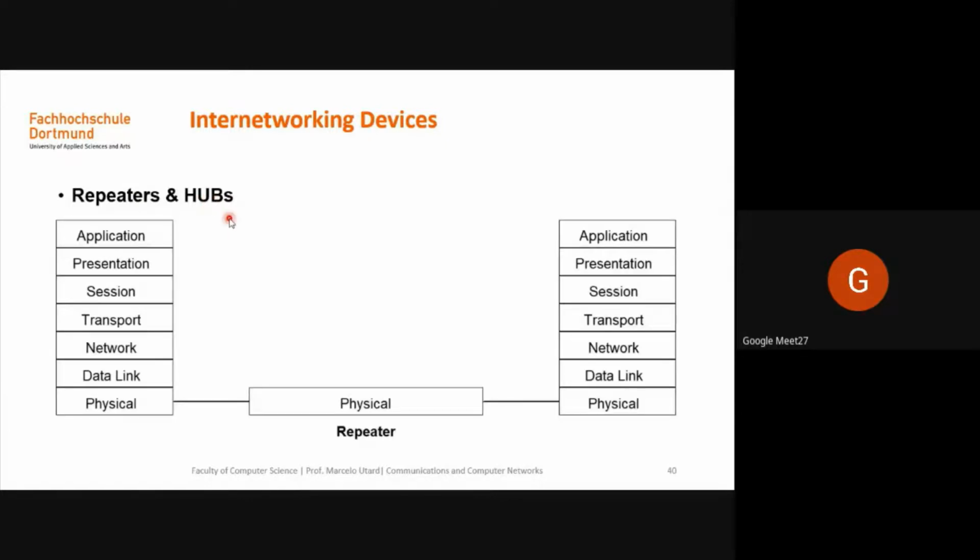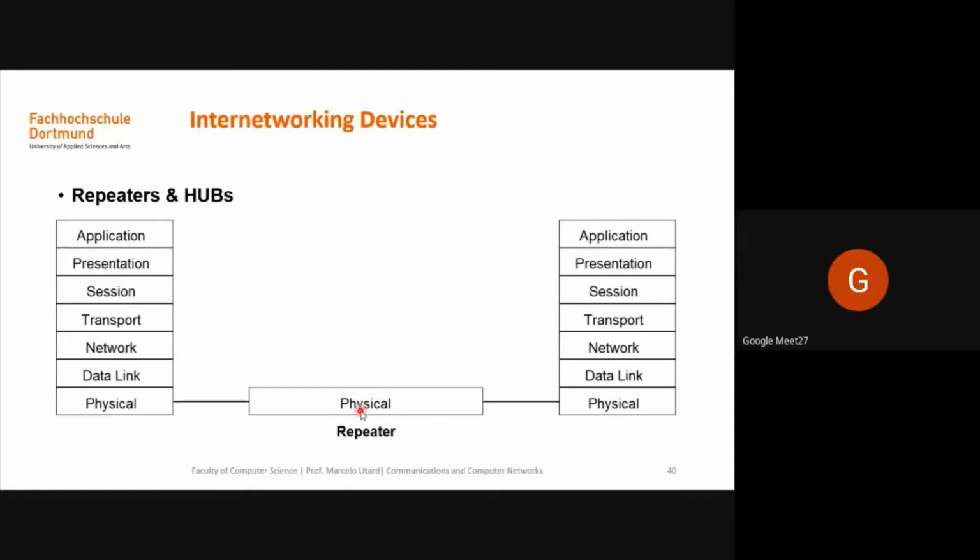In the case of repeaters and hubs, they perform functions only at the physical layer, the lowest layer of the OSI reference model.